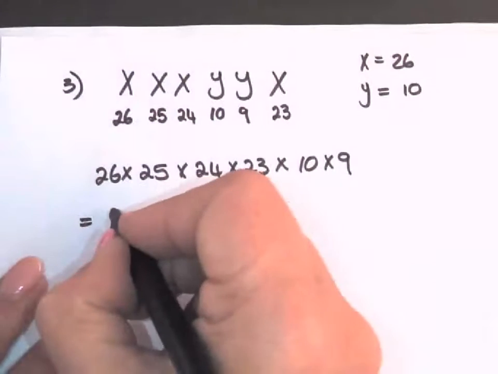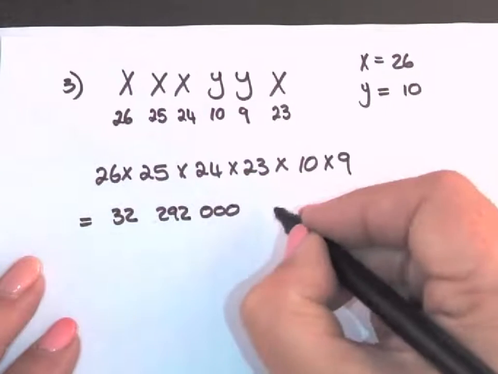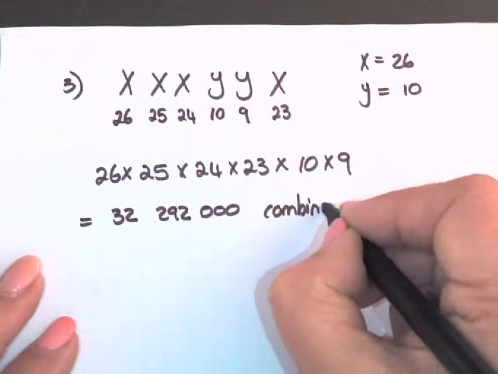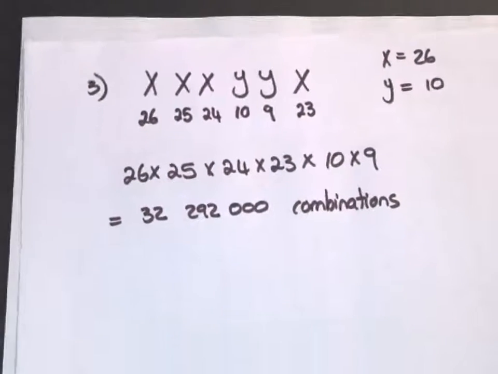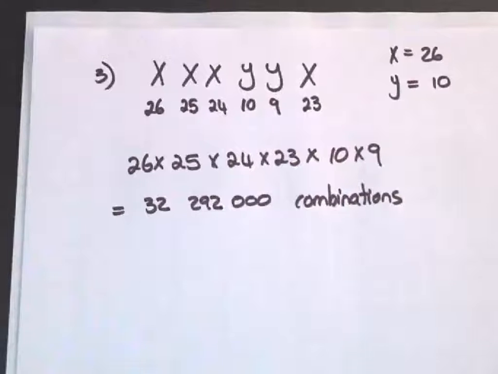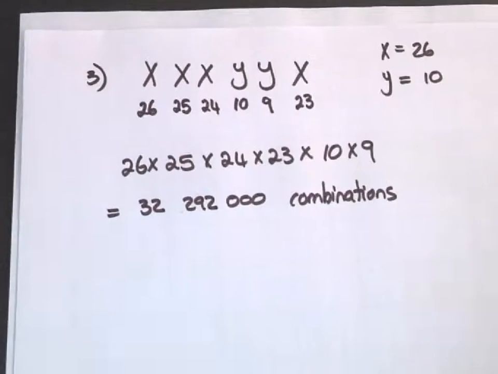And that gives you 32,292,000 combinations. No repeats. Everybody with me? Okay, your first homework piece.